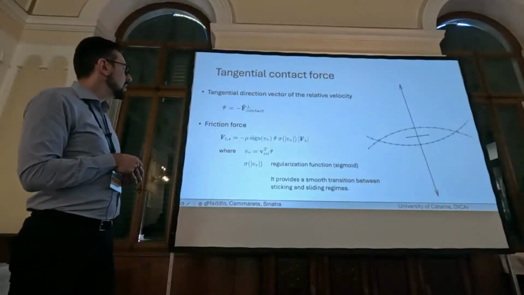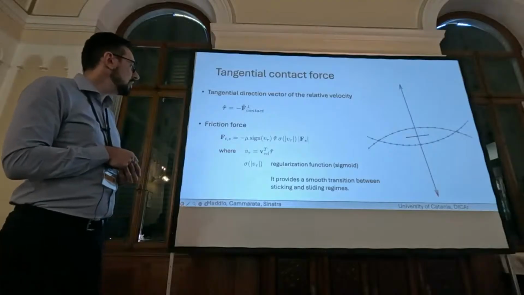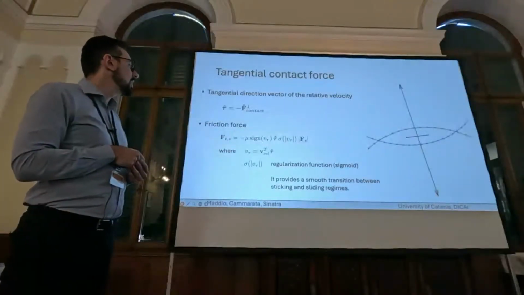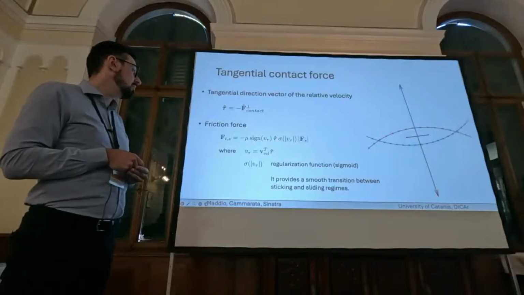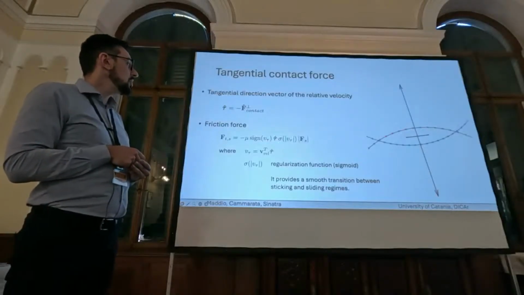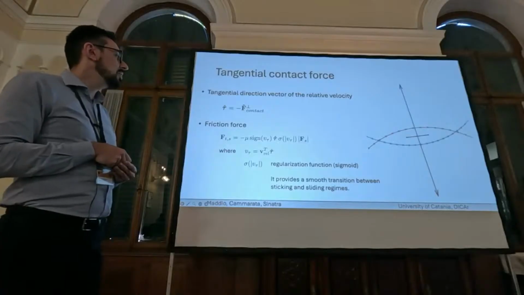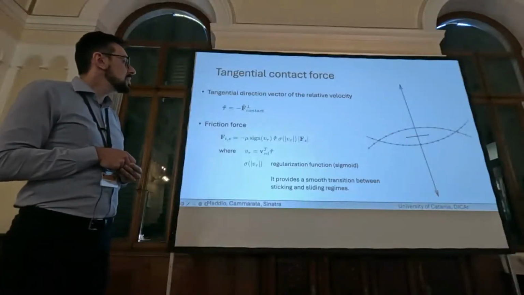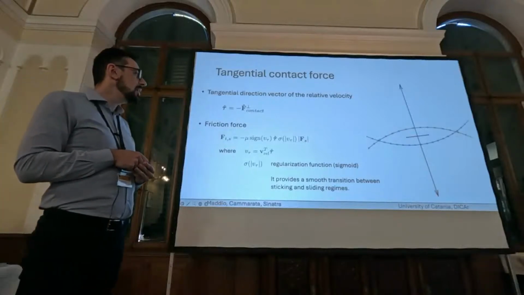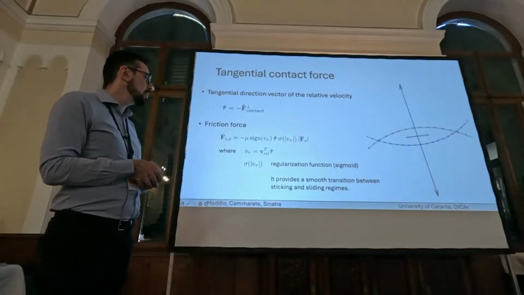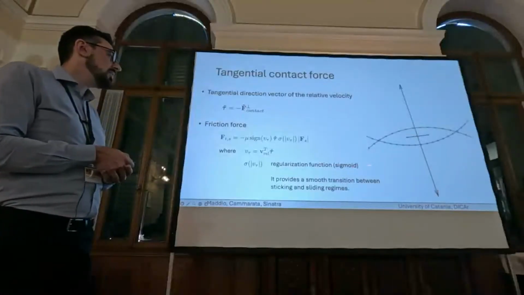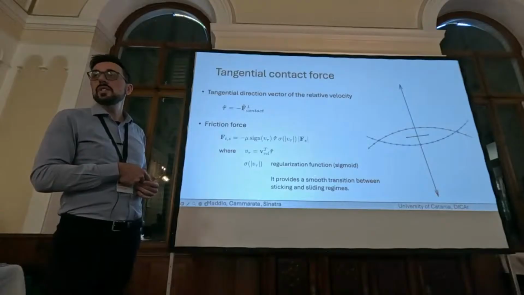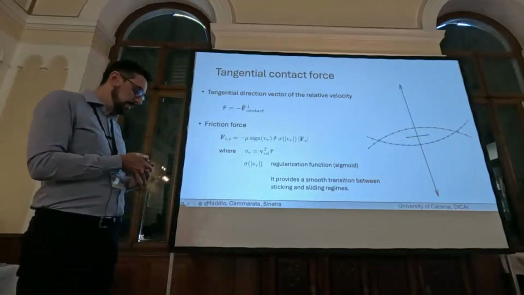And the friction force is equal to a coefficient times the sign of the relative velocity times the direction, times a regularization function. Here we adopted a sigmoid function, times the magnitude of the global contact force. We use a regularized function in order to provide a smooth transition between the sticking and the sliding regimes.